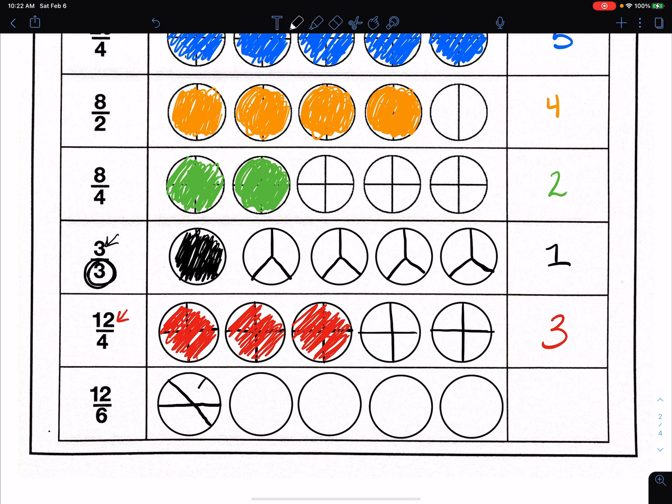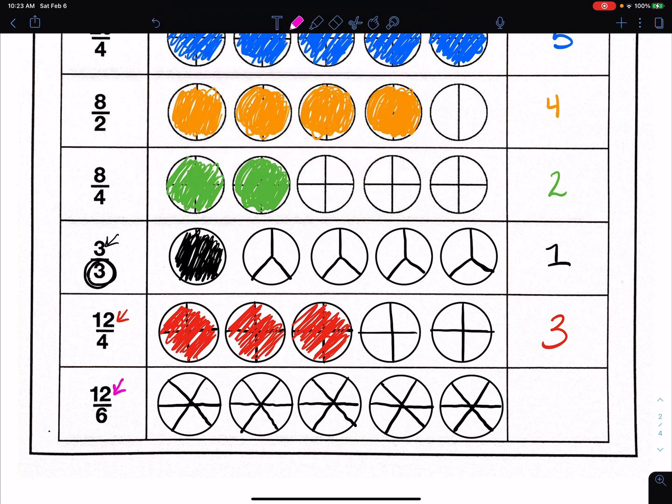Again, doing my best to get my pieces even. Alright, and now I know that I need to shade 12 sections.